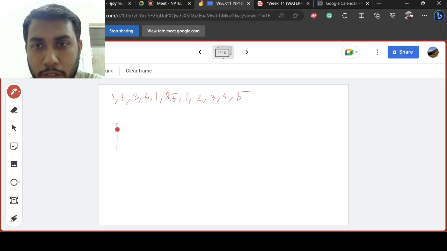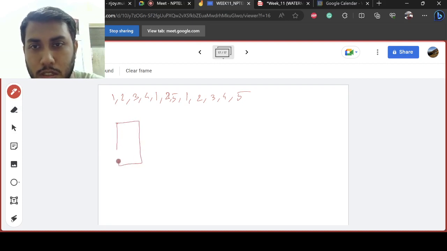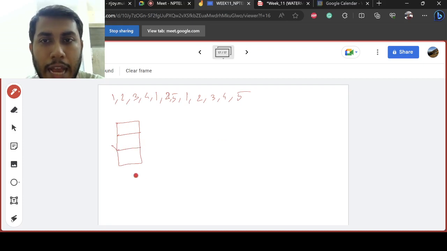So let's say there are 3 frames, and each page has a reference bit.